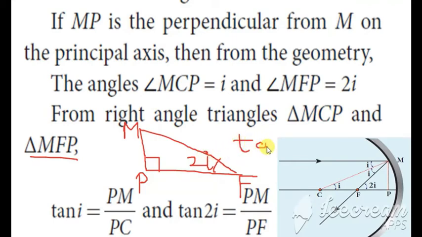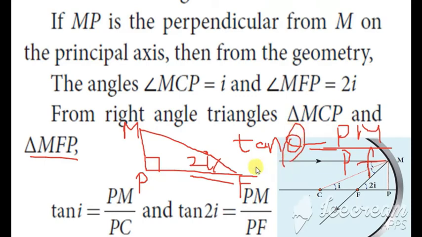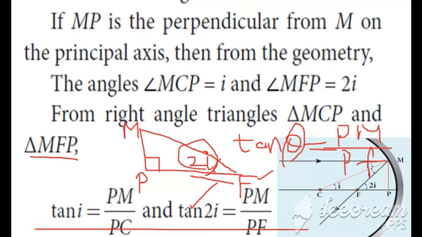Opposite divided by adjacent. The opposite side here is PM, and the adjacent is PF. So instead of theta, the angle here is 2I, and so we write tan 2I is equal to PM divided by PF. Clear with this? So this is the value of tan I and tan 2I.